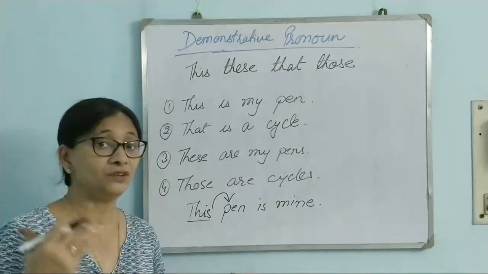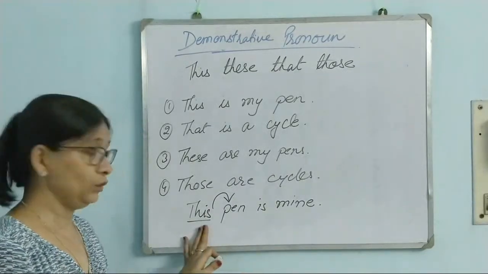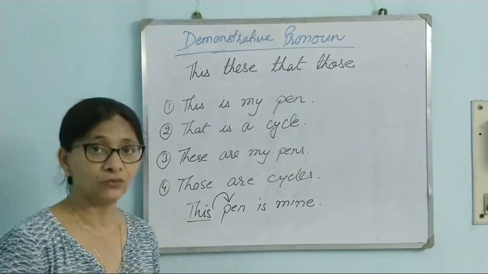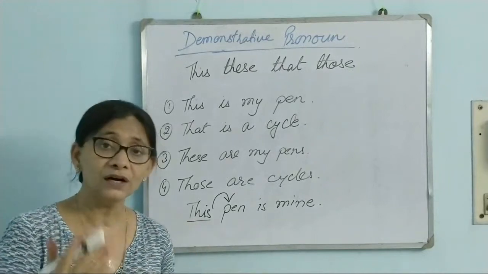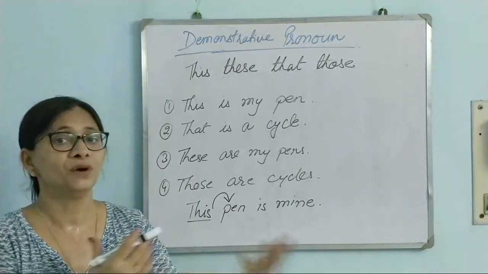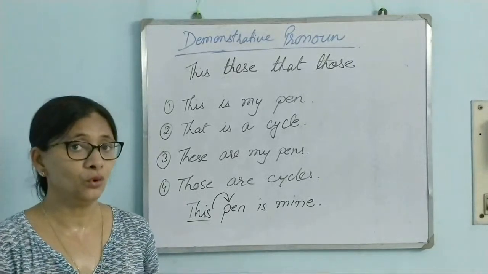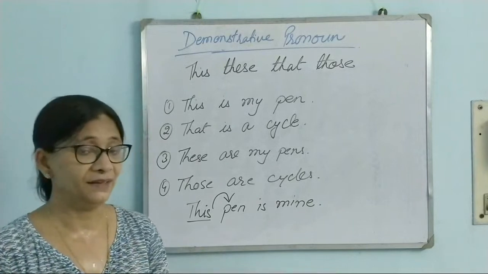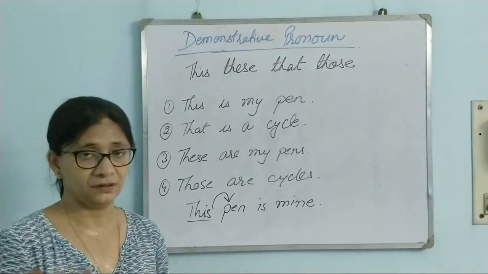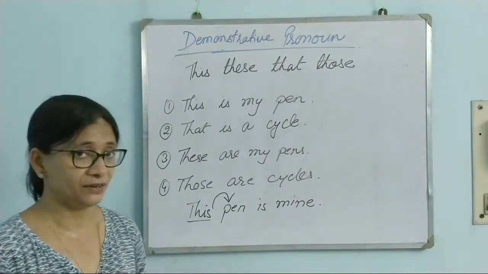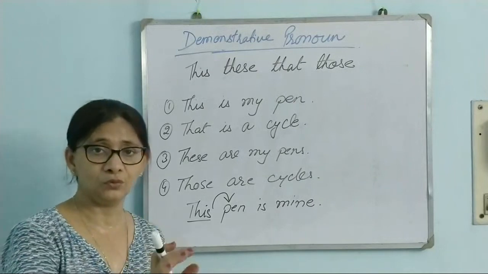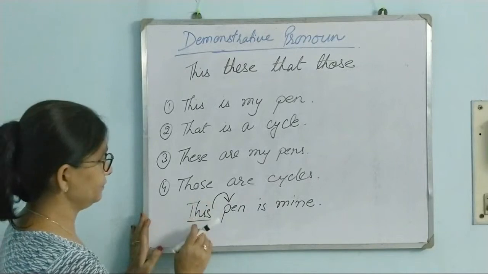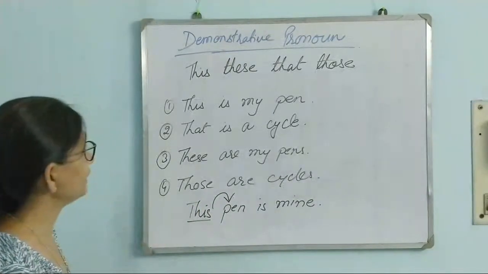The words which are used to describe a noun, we know that those are adjectives. So here this is an adjective. That's what I told you. The same word can be used as different parts of speech. We have to know by their use, how it is used in the sentence, and then it can be a pronoun or an adjective. It is not fixed that this word will only be an adjective or a pronoun.